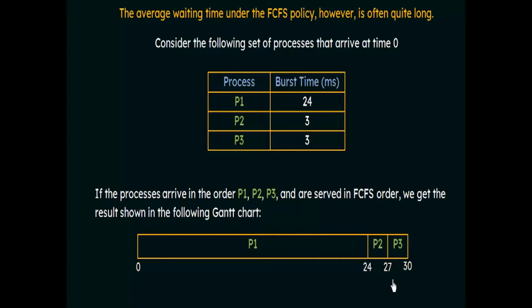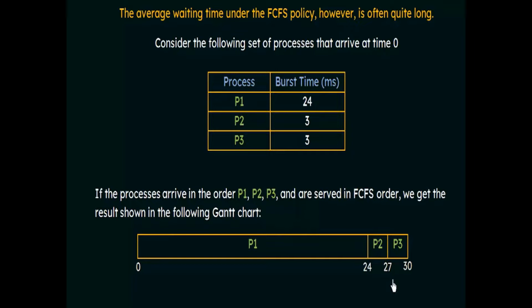As we can see here, process P1 comes at time 0. We consider here that all the processes come at time 0, but first of all the CPU is allocated to the process P1.